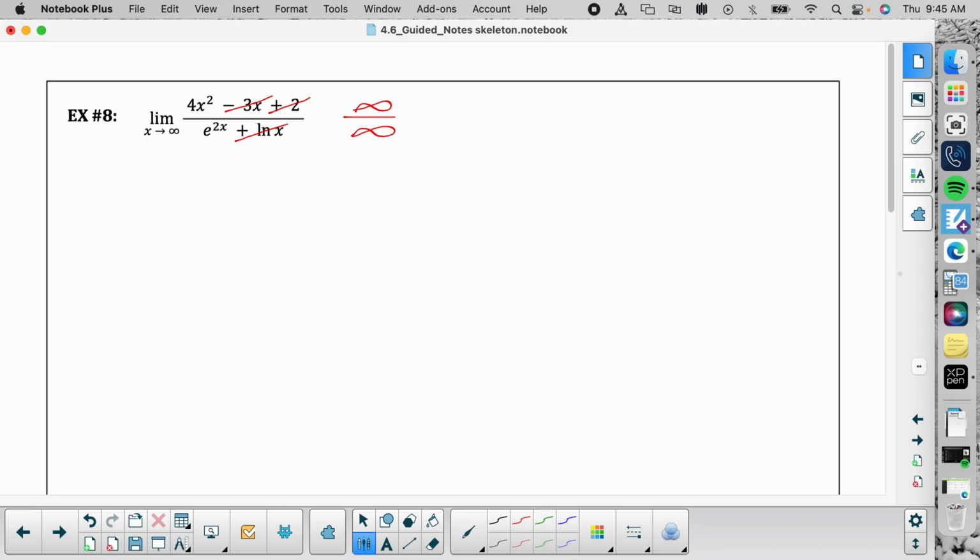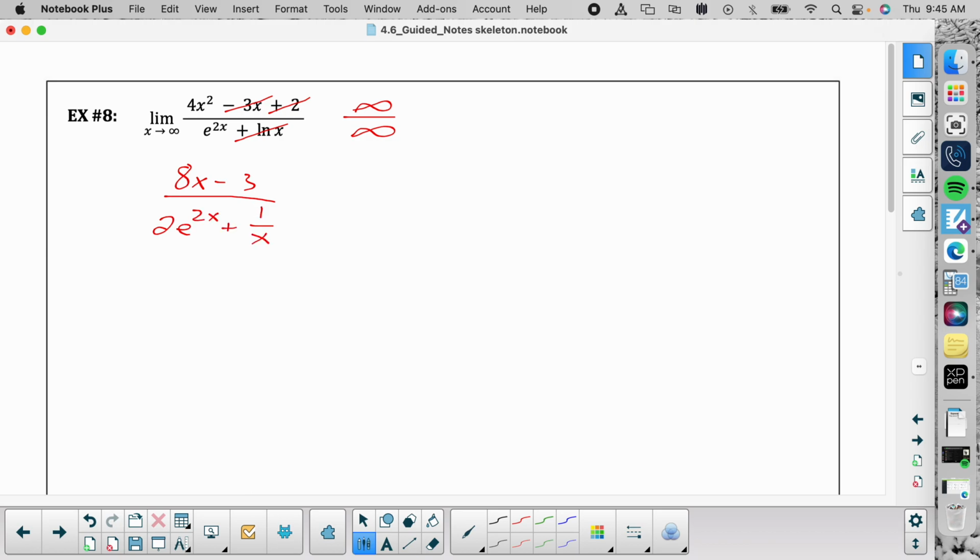Now, we're going to pretend that we did not learn how to judge the degrees up top and bottom, because we're kind of mixing real math and not real math. So we're going to use L'Hopital's because the answer is infinity over infinity. And we would get 8x minus 3 over 2e to the 2x plus 1 over x.